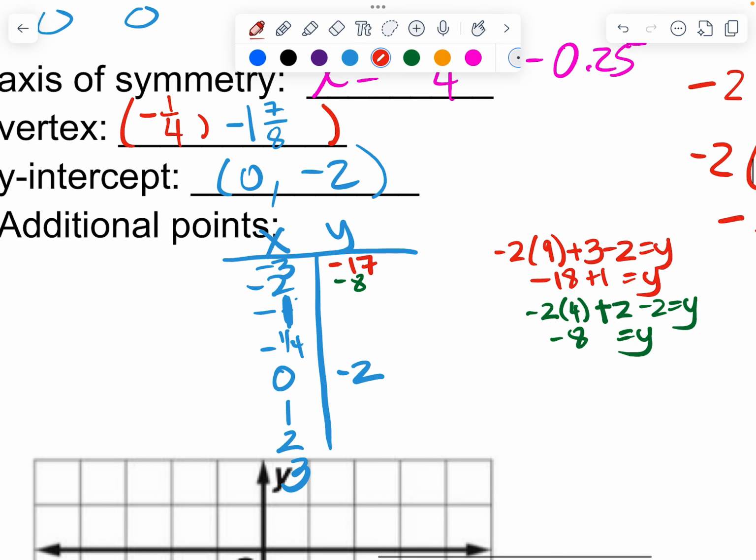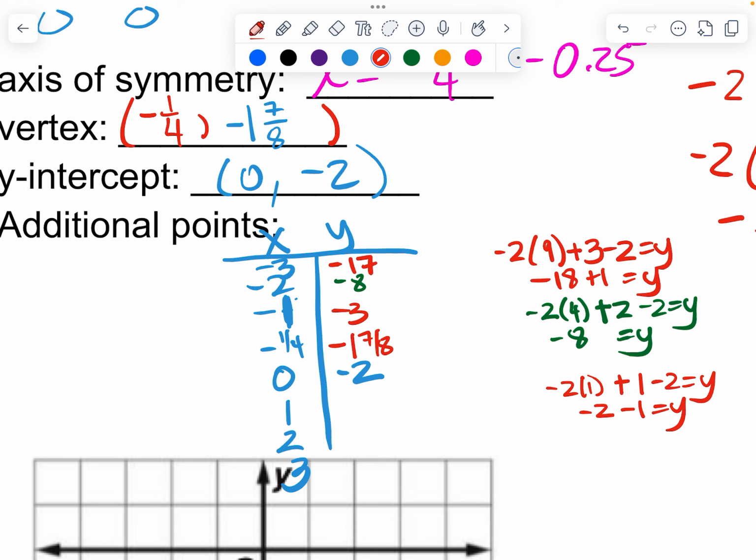And if I plug in negative 1, so negative 2 times 1 plus 1 minus 2. So it'll get me negative 2 minus 1, so negative 3. We already know this is negative 1 and 7/8.